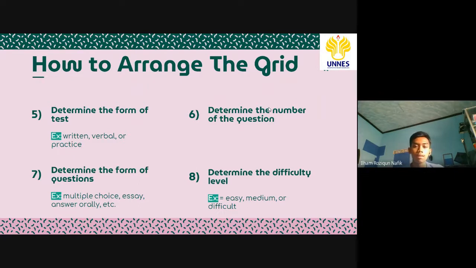And after that, we determine the form of questions. It will be multiple choice, essay, or answer orally, or etc. And the last is determine the difficulty of level. We will build the questions easy or medium or difficult.